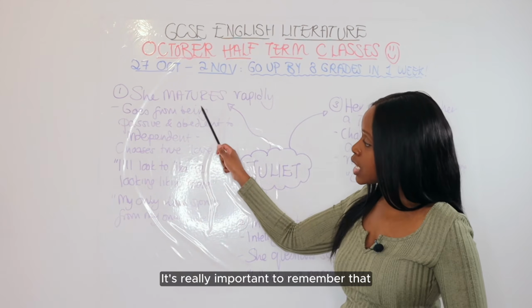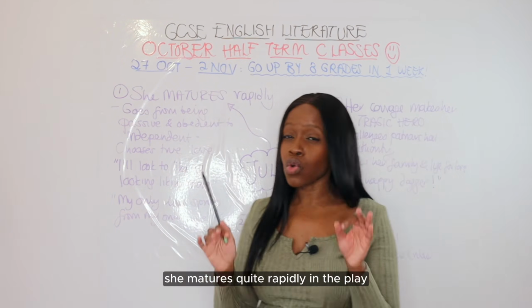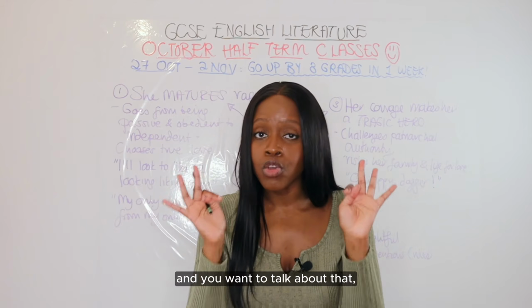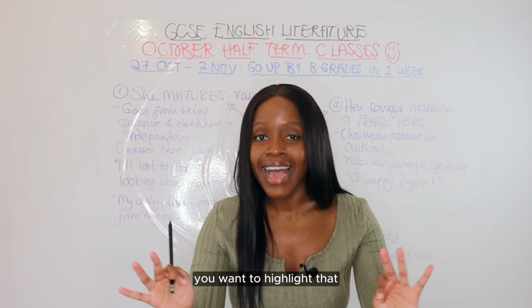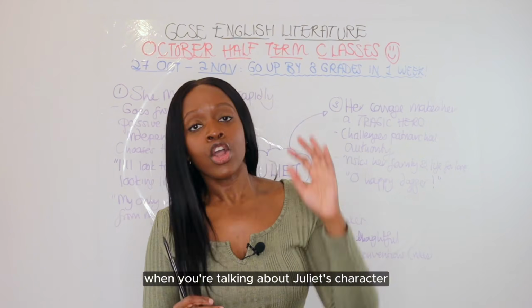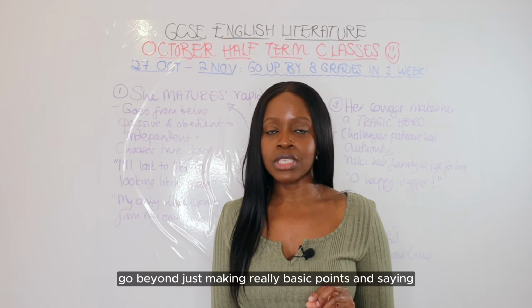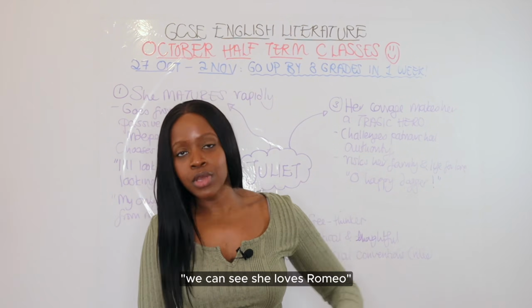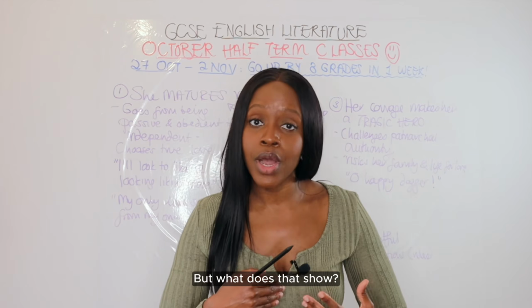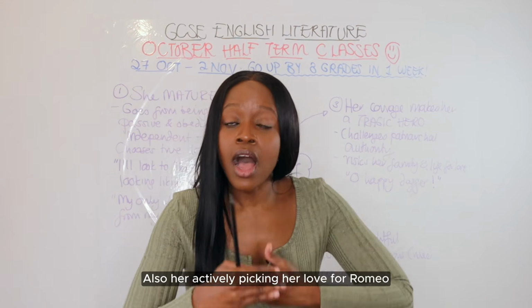It's really important to remember that she matures quite rapidly in the play, and you want to talk about that. You want to highlight that when you're talking about Juliet's character. Go beyond just making really basic points and saying, Juliet falls in love with Romeo. We can see she loves Romeo. Okay, but what does that show? And also her actively picking her love for Romeo.